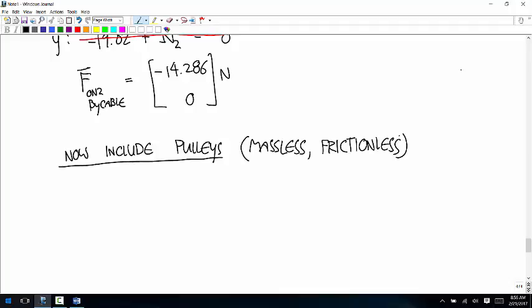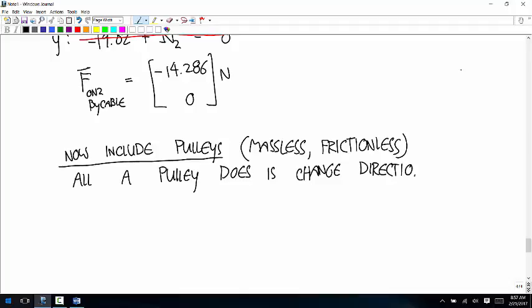All a pulley does is change the direction of force that a cable applies. It doesn't change the magnitude of the force.